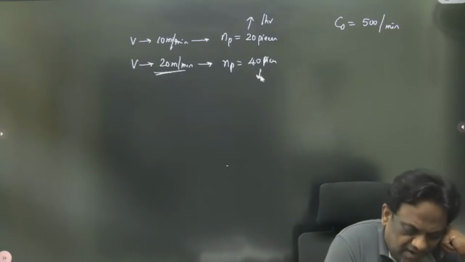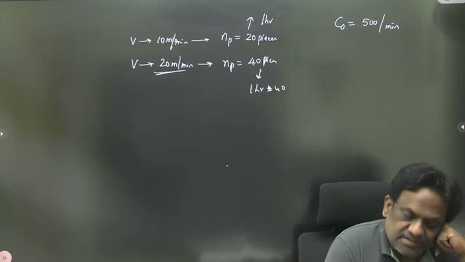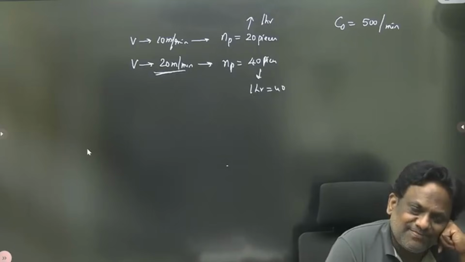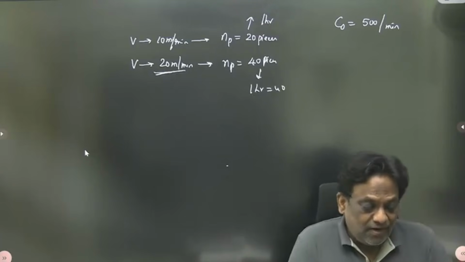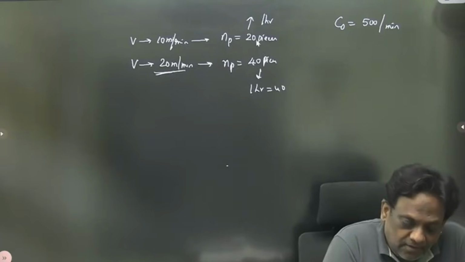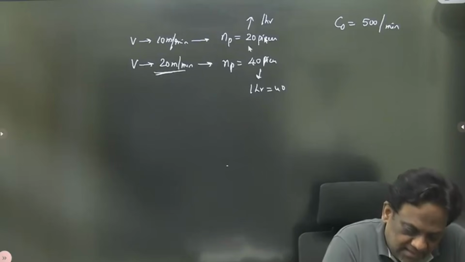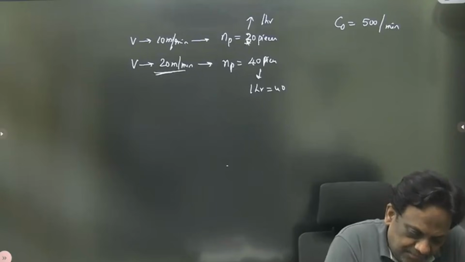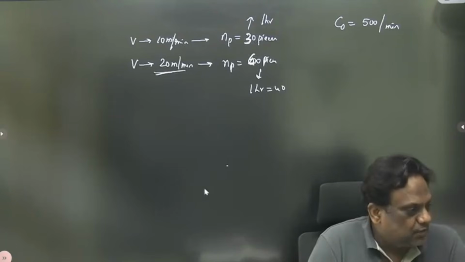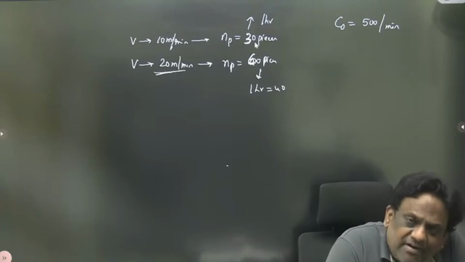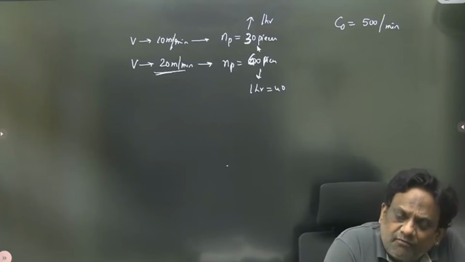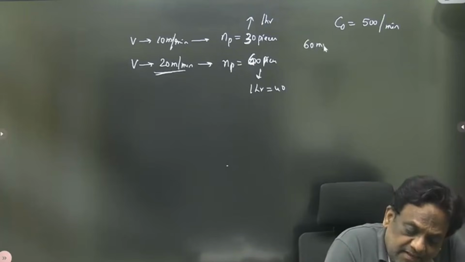At higher velocity, in 1 hour, he is manufacturing 40 pieces. इसको ऐसे करेंगे सर, मैं इसको 30 करूंगा, इसको 60 करूंगा, so that calculation थोड़ा easy हो जाएगा. देखो, 1 hour means in 60 minutes he is manufacturing 30 pieces.